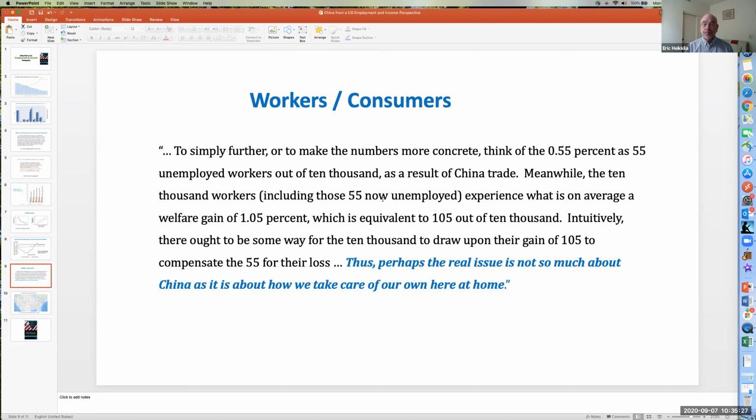So, as I mentioned in the book, our best evidence shows that about 0.55% of workers lose their job due to competition from China.